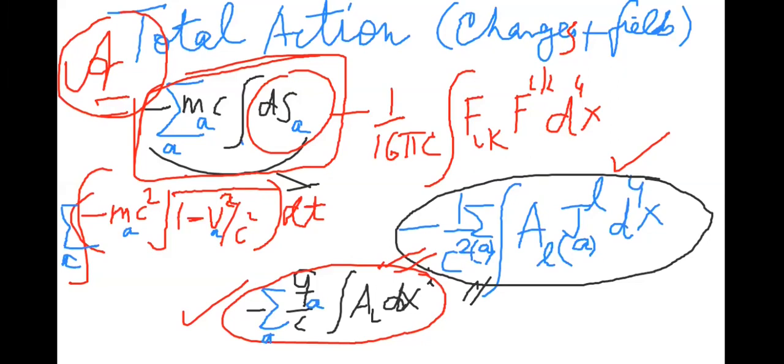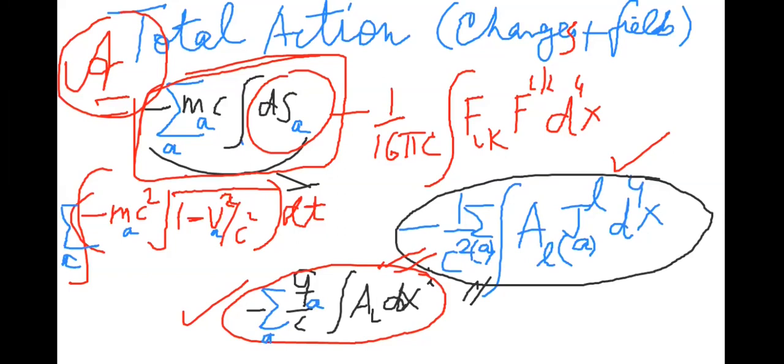Last time I told you the criteria which are required to write down this term: you have to find some expression which is quadratic in the generalized velocities. Do you remember that? And this F_ik is quadratic in the generalized velocity. Apart from being so, it is also a Lorentz scalar quantity which you need.